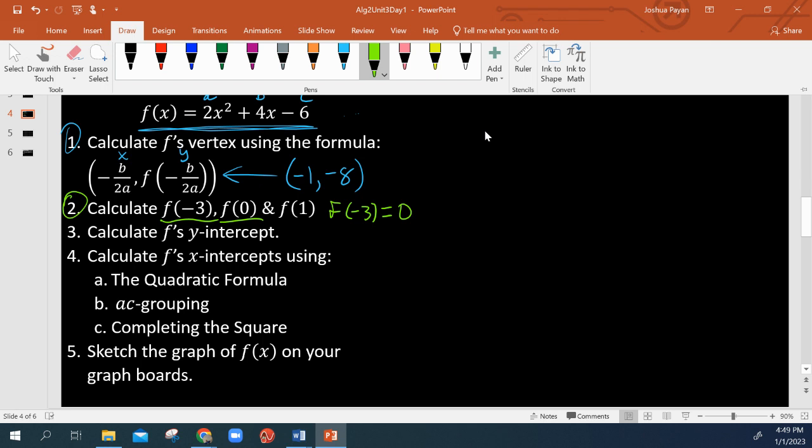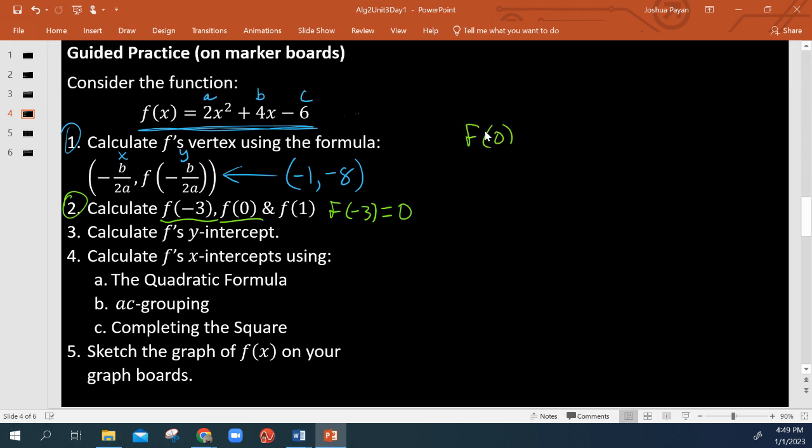So f of 0 is going to be 2 times 0 squared plus 4 times 0 minus 6. 0 squared times 2, well, that's going to be 0. 4 times 0, 0 minus 6. Of course, we see that f of 0 is going to be negative 6.